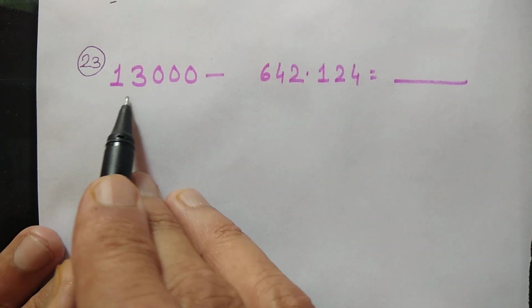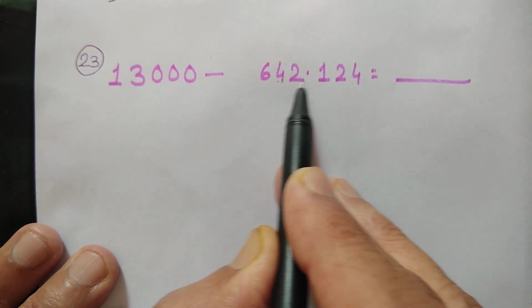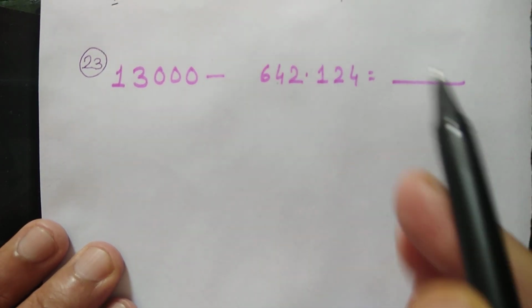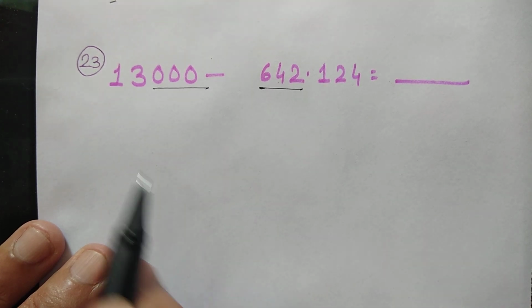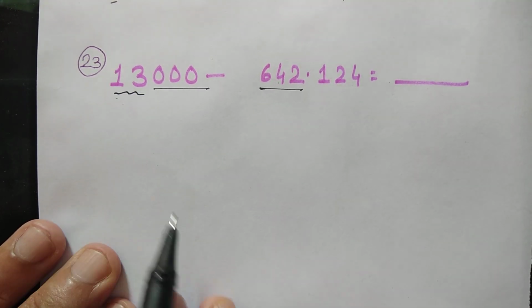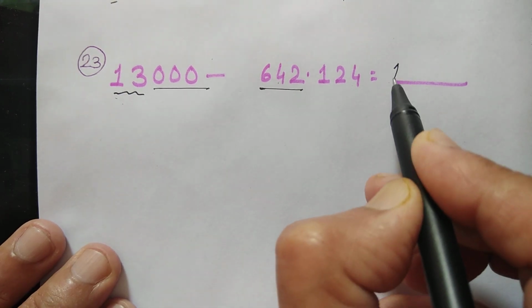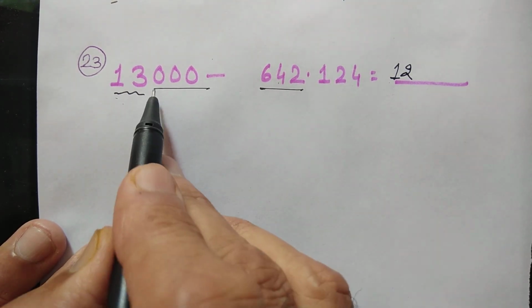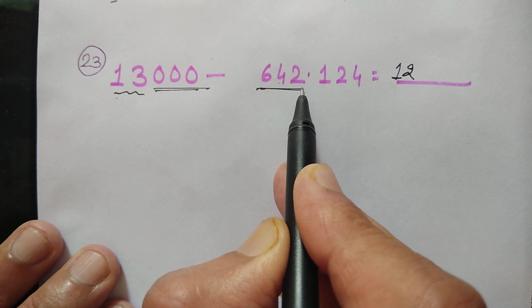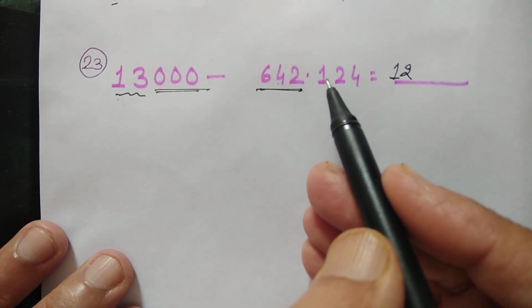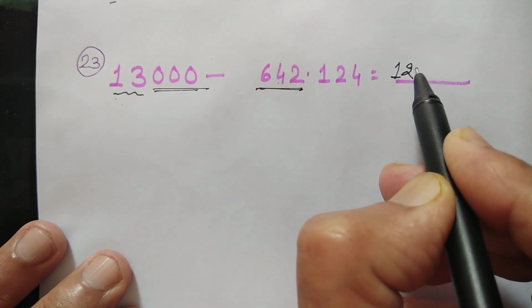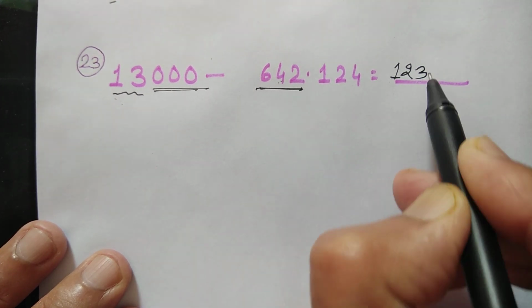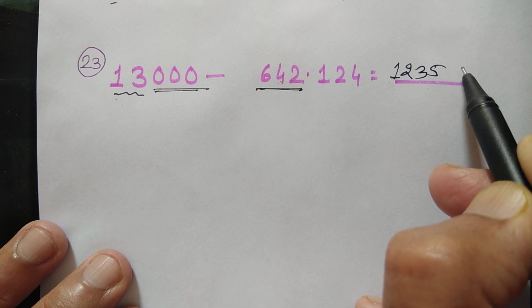One more example. 13,000 minus 642.124. Then 3 digit. Subtract one number from here. 13 means 12. Here 3 digit, here 3 digit. All from 9 and last from 10. 3, 6, 3, 9. 4, 5, 9.